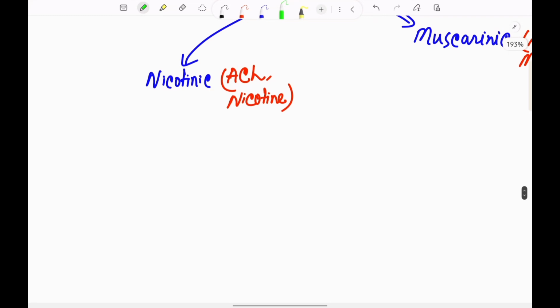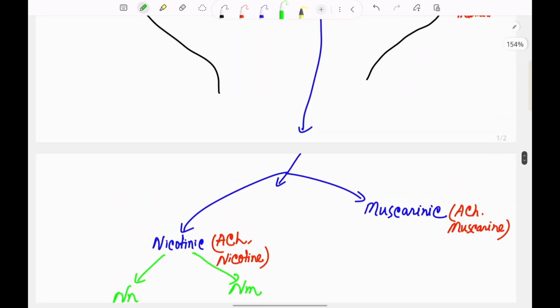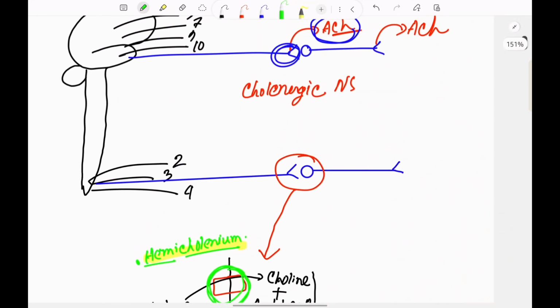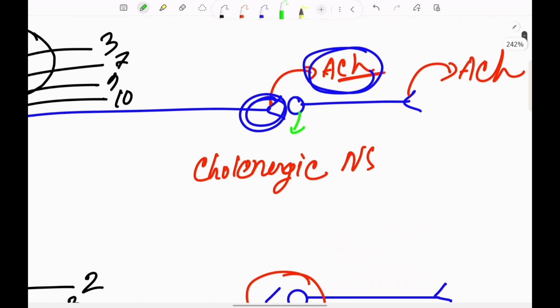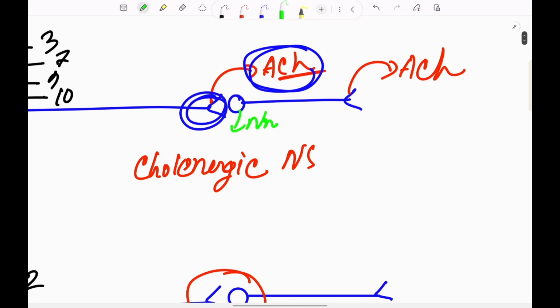Nicotinic receptor are further divided into an N type of receptor and an M type of receptor. So from previous picture we can show the location of the receptor. N type receptor are situated at the nerve fiber, and if we guess there is a muscle, there should also be a receptor.